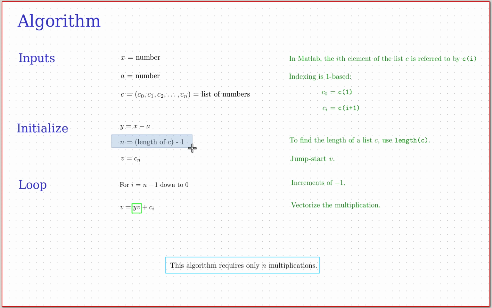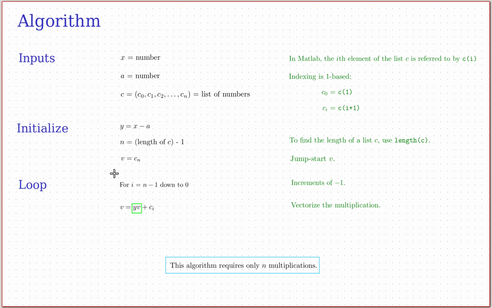Well, the degree of the polynomial will correspond to the length of the vector or list c minus 1, because c actually has n plus 1 coefficients in it because there's a c0 term, right? C0 coefficient. And then finally, when we initialize this algorithm, we can jumpstart the value of v by setting it equal to Cn, because that's the first thing we'll do is we'll add Cn into v.